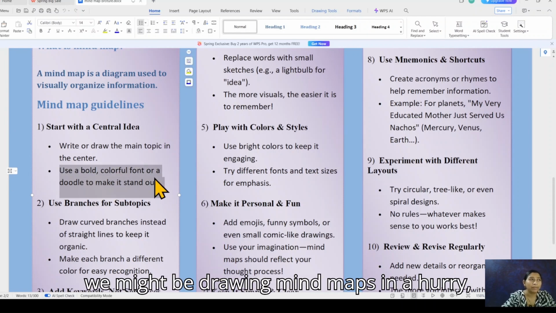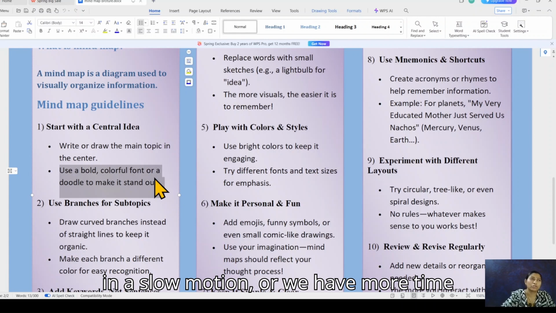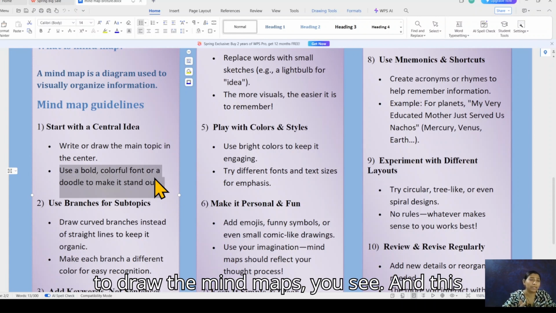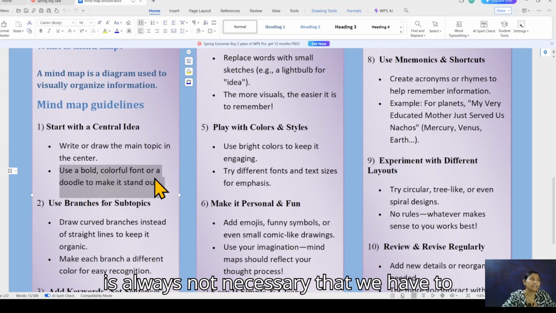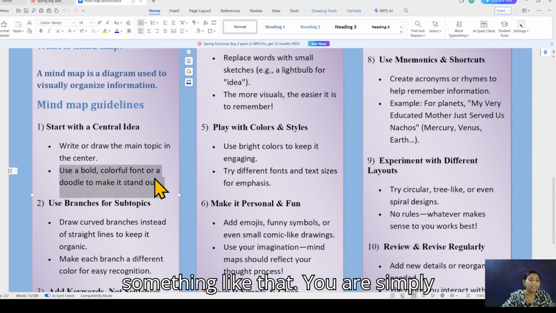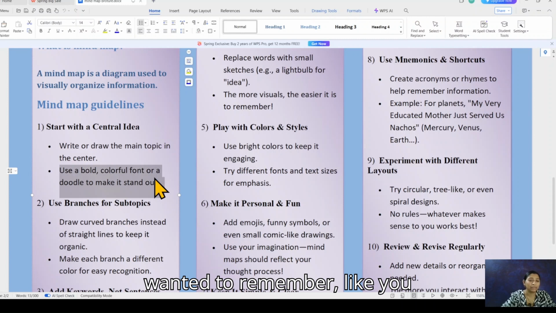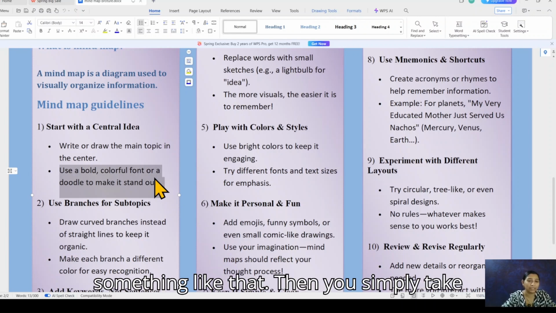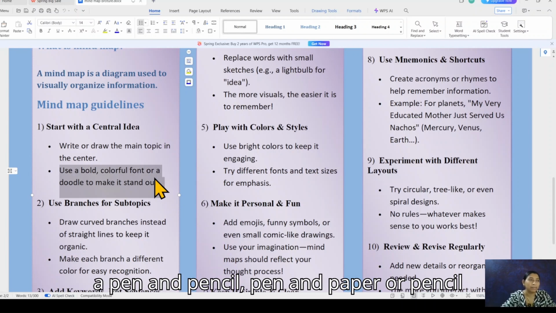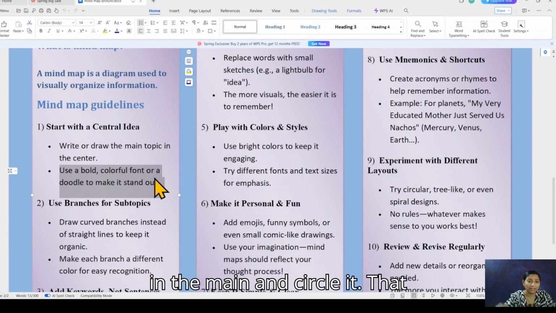We might be drawing mind maps in a hurry, or in slow motion, or we might have more time to draw them. It is not always necessary to write in a colorful, bold font. If you are simply taking notes of some lesson, or drawing a mind map just to check how much you remembered of the concept, then simply take a pen and paper or pencil, write the concept in the center and circle it.